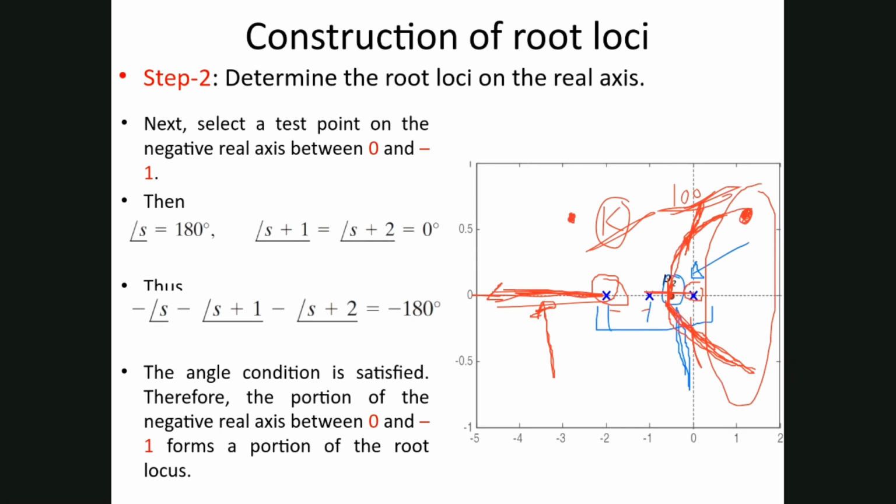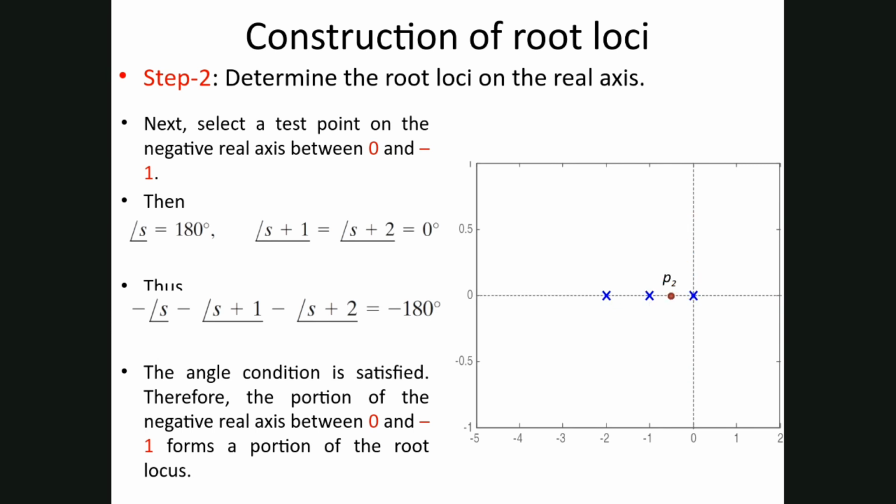So before that, I have taken, let's say, this point again, P2. And I want to check whether this point is a part of any loci, because we'll have three loci, one for this pole, one for this pole, and another for this pole. So will this be a part of any loci? How are we going to plot the loci?